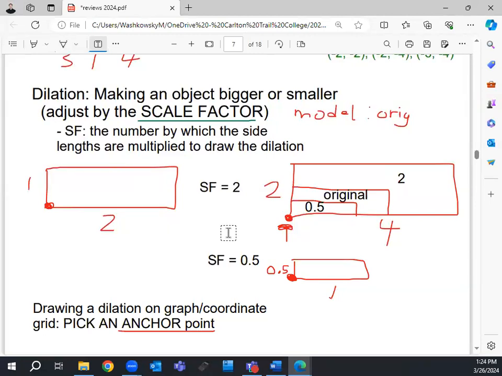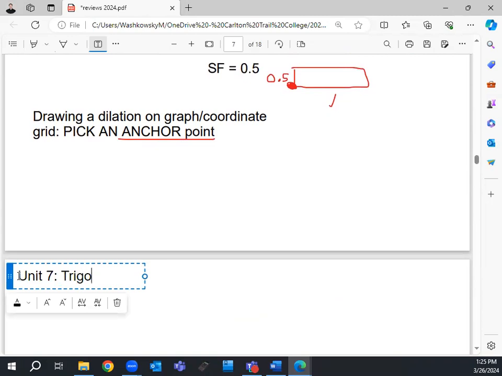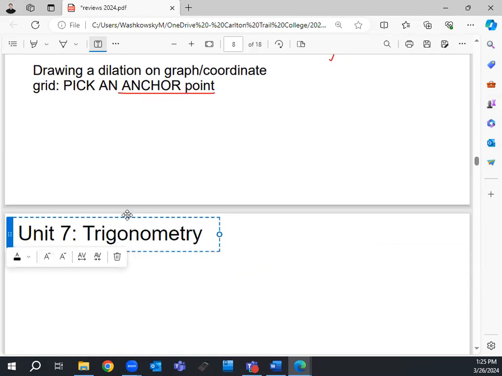Okay, so we'll go into our last unit here, which is unit 7. We'll make this one short, which is also trigonometry. You're like, well, what the heck? We've also done trigonometry before.